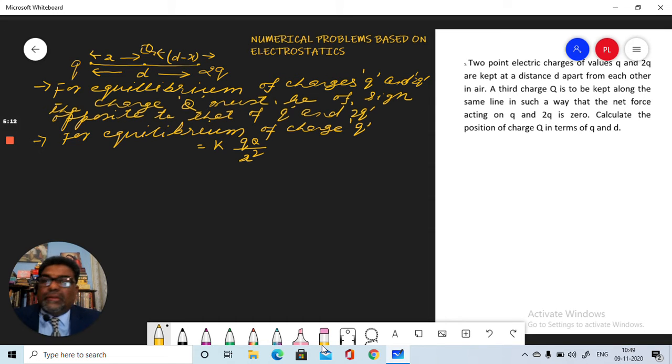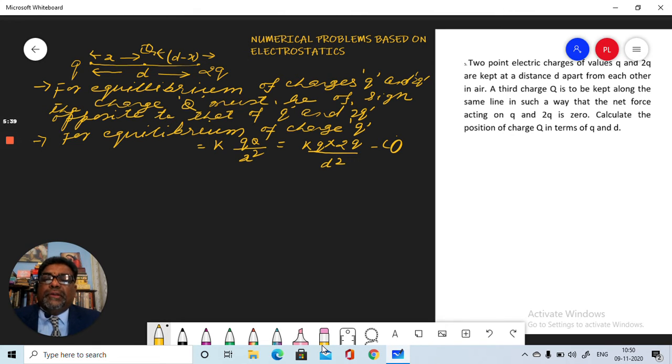Now this is equal to, for equilibrium, k into q into 2q upon d square. Let this be your first assumption.